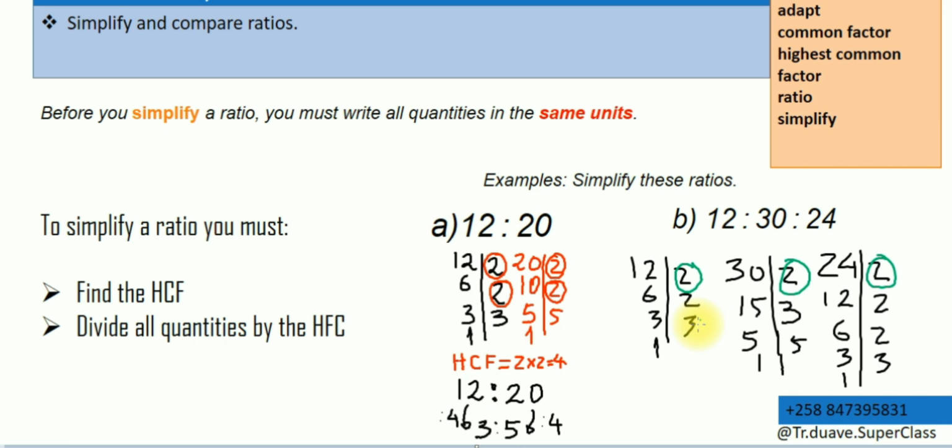So we're going to take 3 because we have 3, 3, and 3. Right?